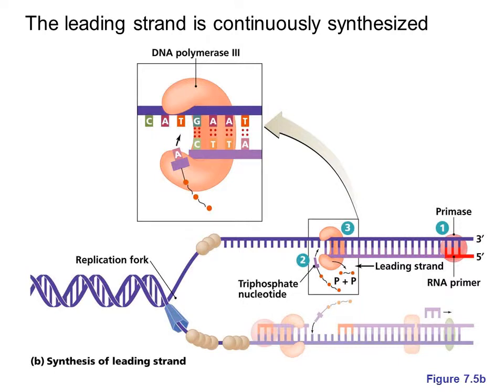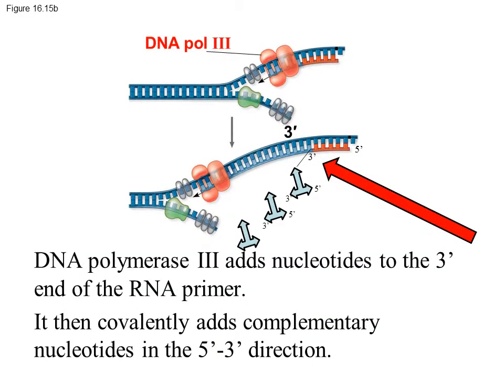The leading strand, once it starts, will continue until it is finished replicating the entire sequence. DNA polymerase 3 adds nucleotides to the 3' end of the primer. The primer is in red.